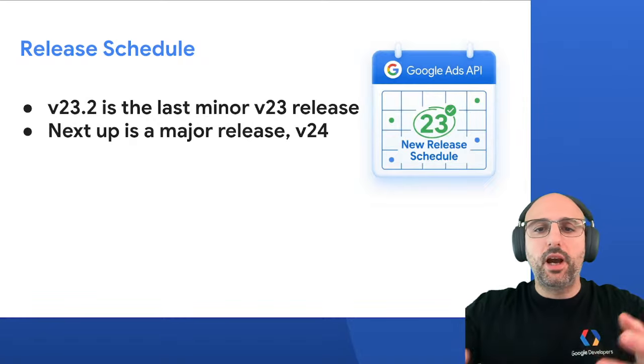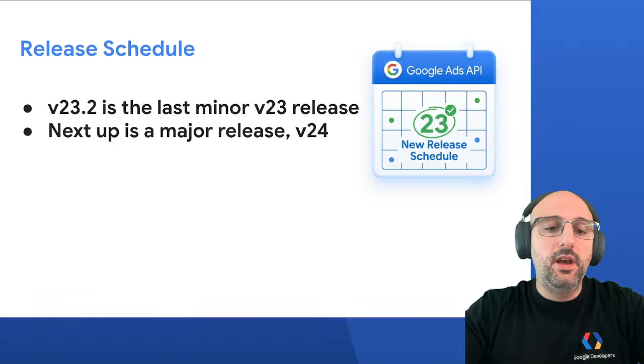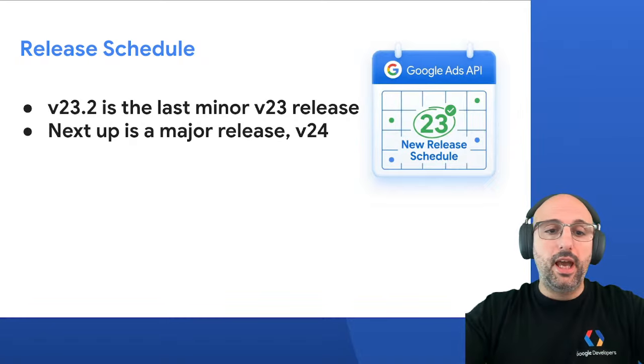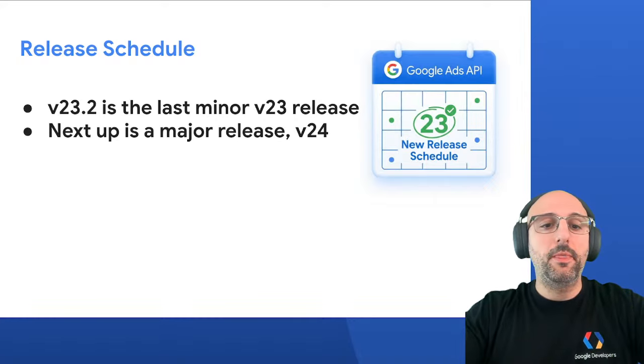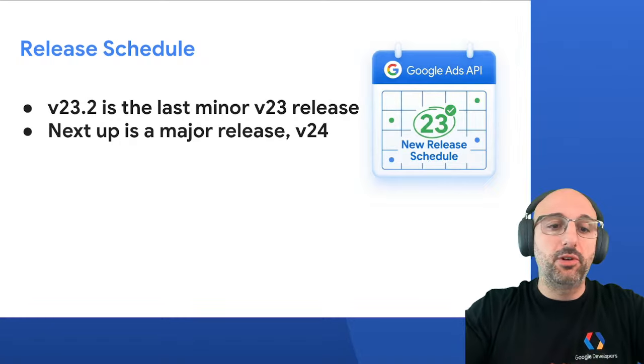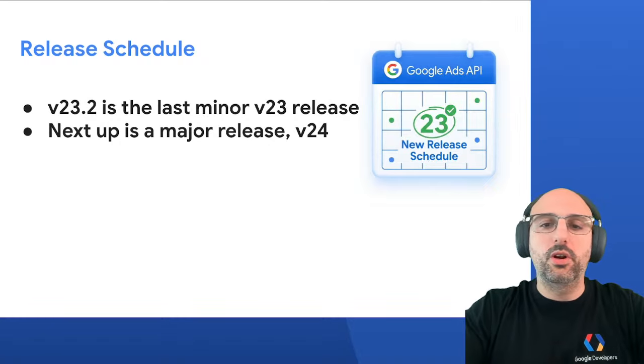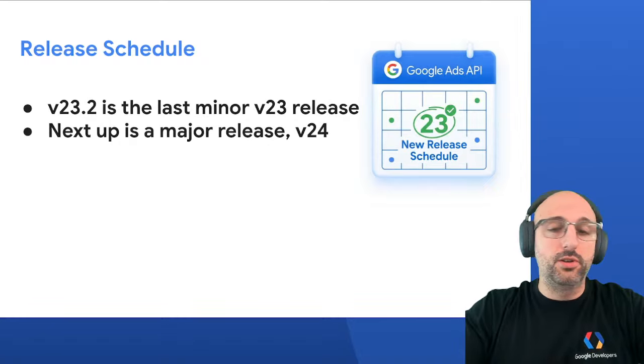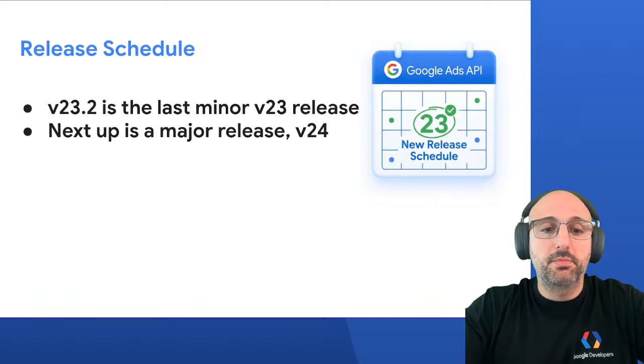The whole idea behind this new release cadence is for you to have new features as soon as possible and to adopt new features as quickly as possible without having mandatory upgrades several times a year. So if you want to adopt a new minor version, you can, and it should be as seamless as possible.